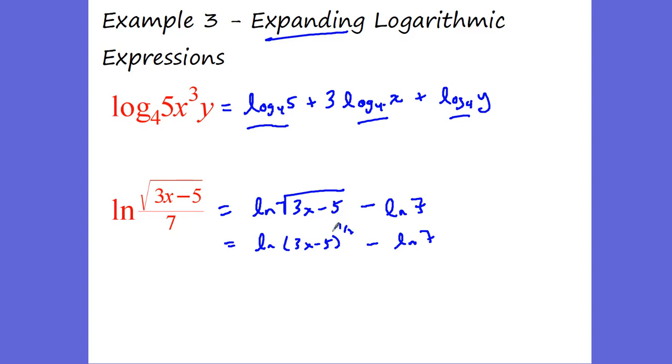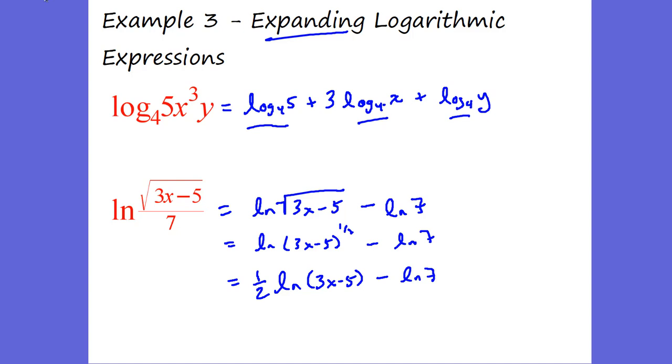What do we do with powers? Powers are going to be multiplied. So that 1/2 is going to come out from natural log of 3x minus 5 minus natural log of 7. And you might say, Aiden, is there anything we can do in here? There's not.